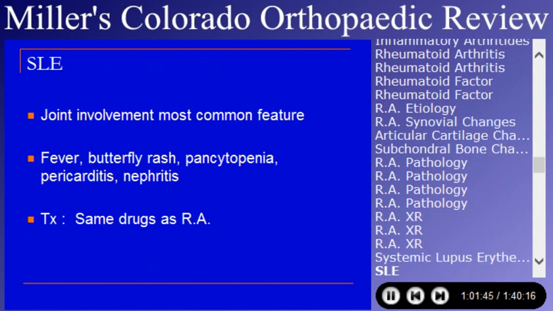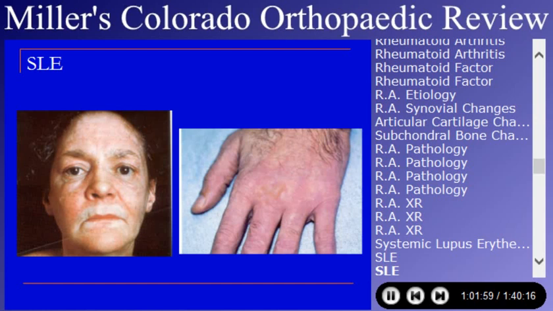Patients, like rheumatoid patients, are systemically ill with a fever, butterfly rash on the face, pericarditis, nephritis. Both entities are primarily treated medically. Don't know how well the butterfly rash scanned into the computer, but that is common with systemic lupus, as are these inflammatory joint changes.